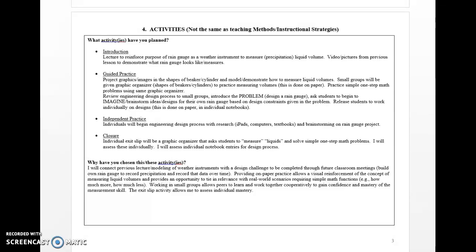This can be done with a video clip or some pictures from our previous lessons to, again, reinforce the vocabulary and the purpose of a weather instrument.